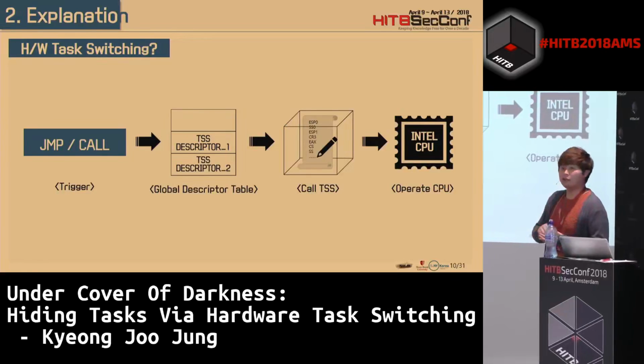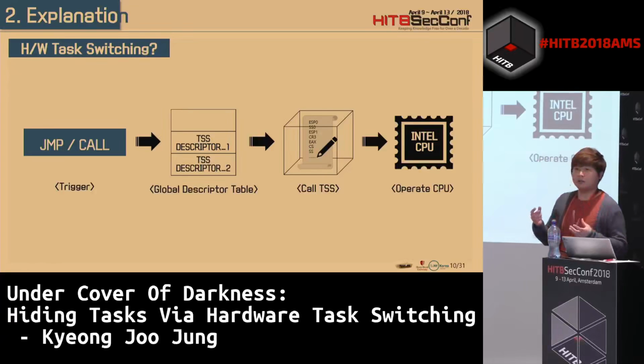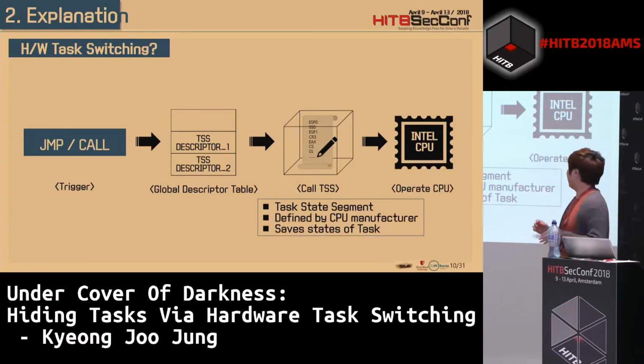Inside the global descriptor table, there is a lot of information about systems, but we're trying to use one of those called the TSS descriptor. The TSS descriptor shows the information, the address of the TSS. TSS is called the task state segment.